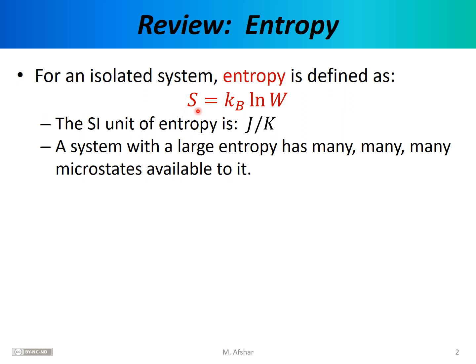We learned that entropy is equal to the Boltzmann constant times the natural log of W. In this context, W is the number of microscopic configurations or arrangements or states that a system could possibly be in. Don't confuse W with thermodynamic work. Here W stands for an entirely different concept.